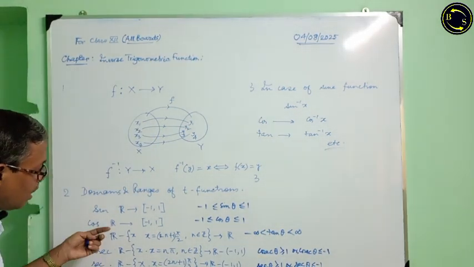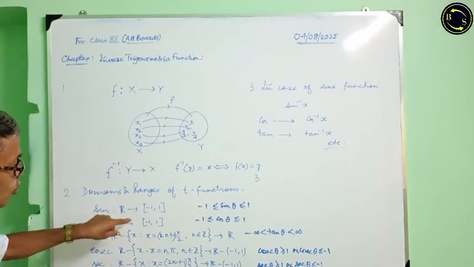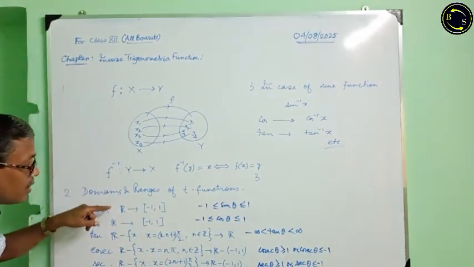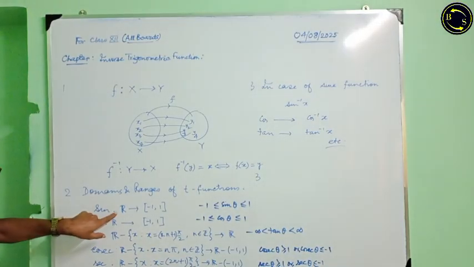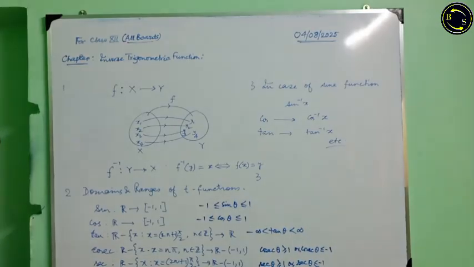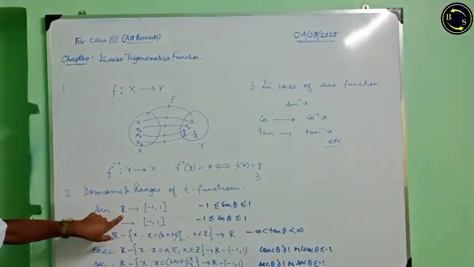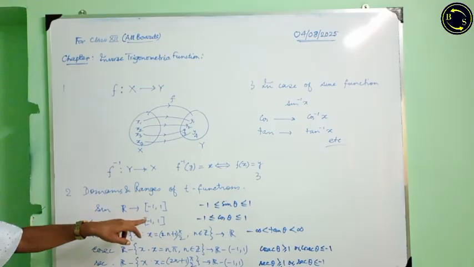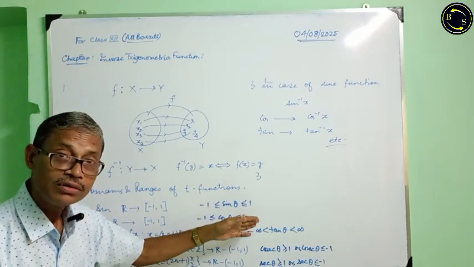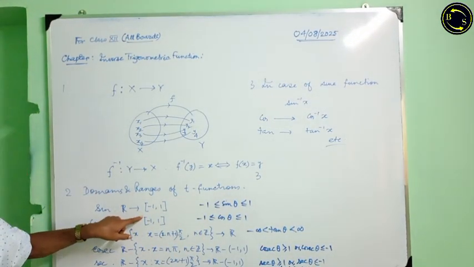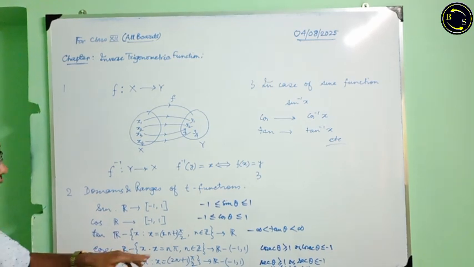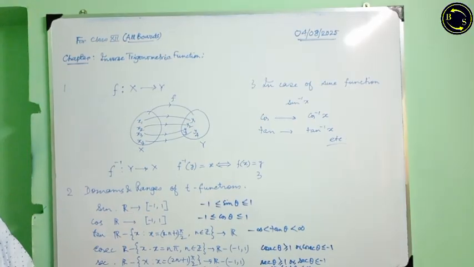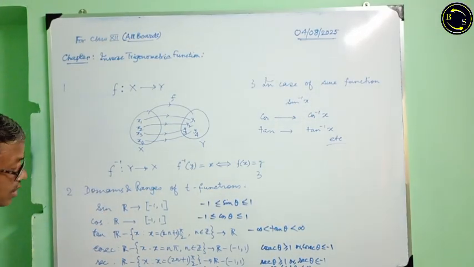That is why, to memorize, follow these results and then try to remember these things. Domain in case of sine function, set of reals, and value is within -1 and 1, that is represented by this symbol. This is inequality type symbol, and here it is represented by interval symbol, etc.